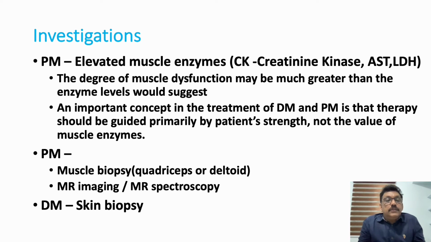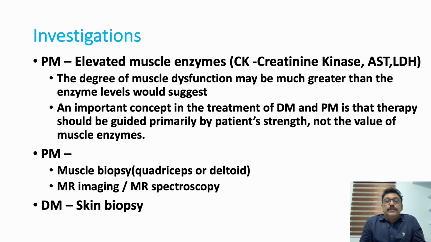Now, one of the most important investigations in polymyositis is creatine kinase. We know that creatine kinase is produced from muscles. When muscle injury occurs, creatine kinase elevates. If we give 1 or 2 IM injections, we can see creatine kinase elevates in the 100 range. If you have a viral fever like COVID or any other viral fever, again the CK may be 100, 200, 300 in that range.